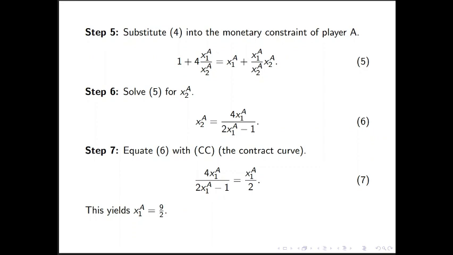We solve equation 5 for x2a, giving us equation 6. And then we can equate equation 6 with the contract curve, CC, which gives us equation 7. And this expression only contains one variable, x1a. So we can solve this for x1a, which gives us a value of 9/2, or 4.5.